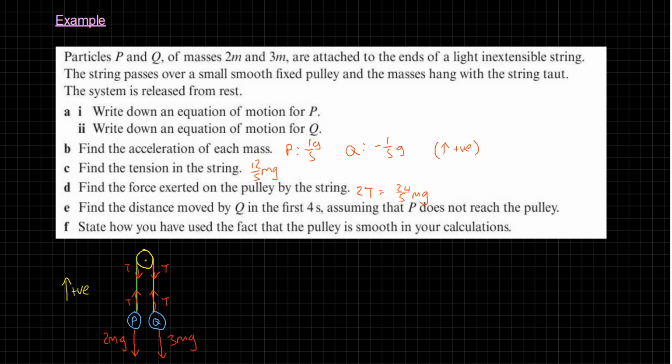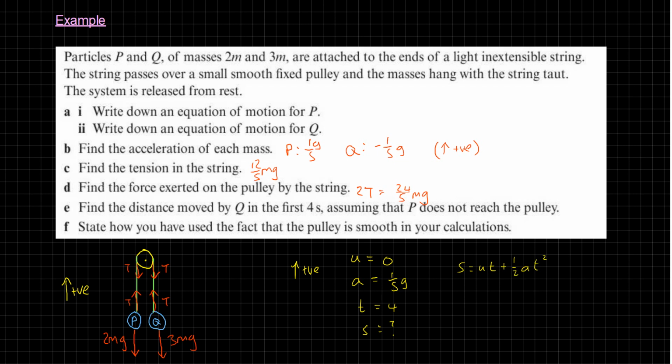How far does P move? This is just SUVAT, nice and easy. So taking up as positive, what's the initial speed of P? System is released from rest, so it's 0. The acceleration of P, if I'm taking up as positive, that's my 1/5 g. 4 seconds is what we've been told is the time, so now we just want to look for S, and therefore we've got S equals ut plus a half at squared.